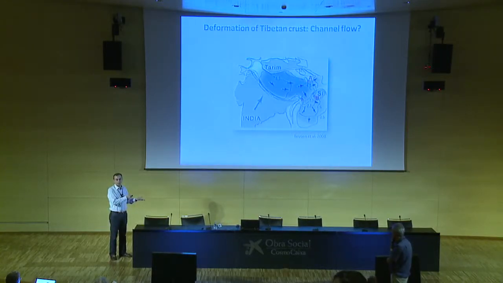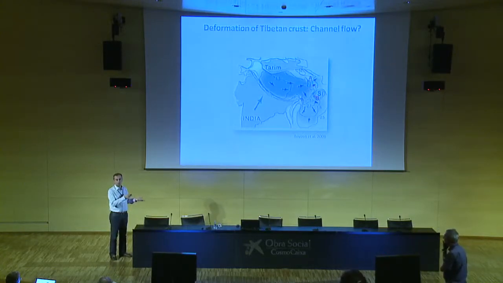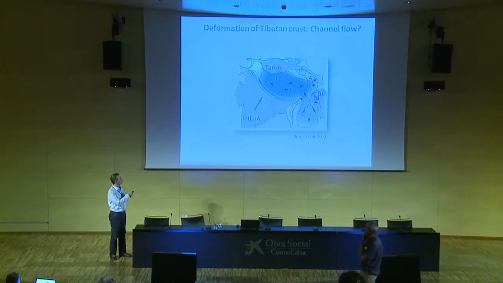And like in Tuscany, if that happened, we would see directions indicating flow towards the northeast. That would be the opposite of the extension direction at the surface, perpendicular to it. So this is where we can test it. And what we find out is that flow is not likely to be in that direction, but the pattern of deformation is predominantly as at the surface.